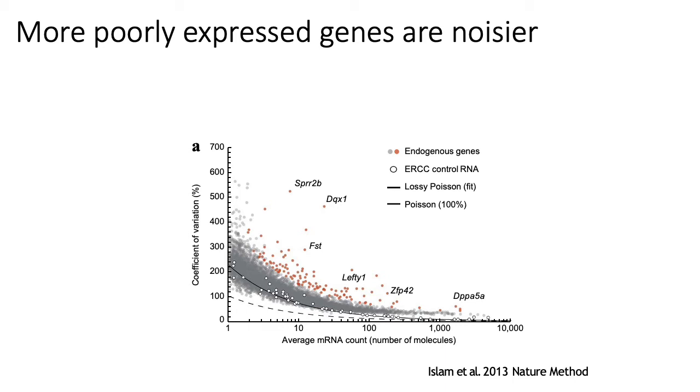The main point here is that as the mean expression level of a gene increases from left to right, the amount of variability in the estimate of its expression measurement is decreasing. Basically, poorly expressed genes are harder to estimate accurately.